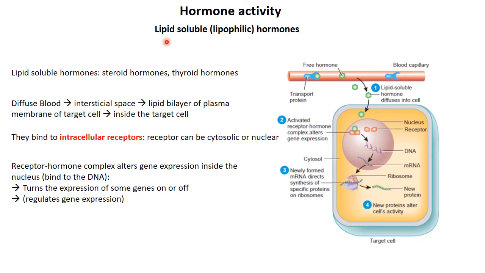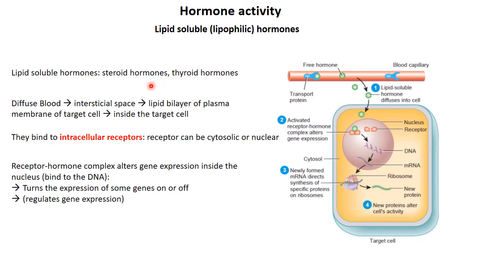Now let's take the case of the lipid-soluble hormones. We have said that in this class of hormone, we have talked about the steroid hormones. The thyroid hormones don't have a role in the reproductive process, but they are also lipophilic hormones.